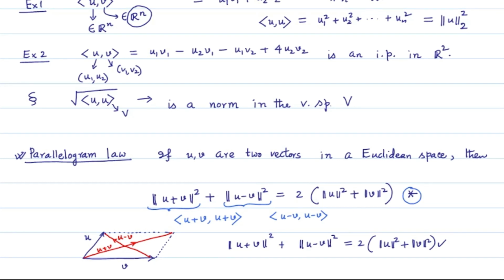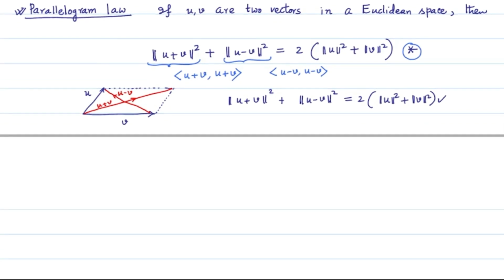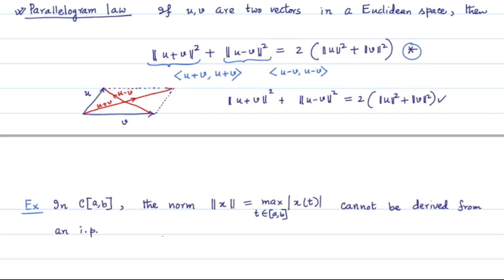An example of a norm that cannot be derived from an inner product is the maximum norm in the space C[a,b]. To justify that this norm is not given by an inner product, you consider two vectors x1(t) equal to the constant function 1 and x2(t) equal to the function t, for all t inside the closed and bounded interval 0 to 1.